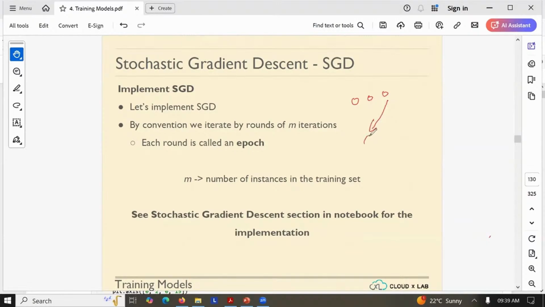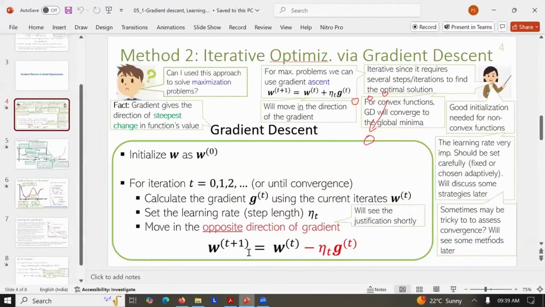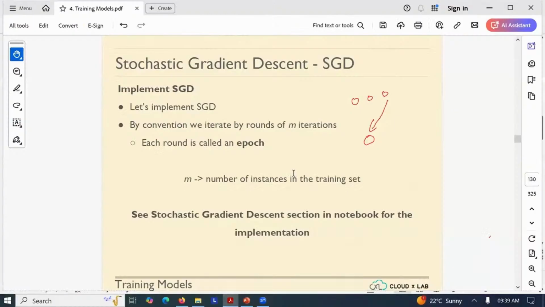Using this data point, we compute the gradient and apply this equation. Next time, we randomly choose this data point, compute the gradient and update the model parameters. Next time we choose the second data point randomly and update the parameters.